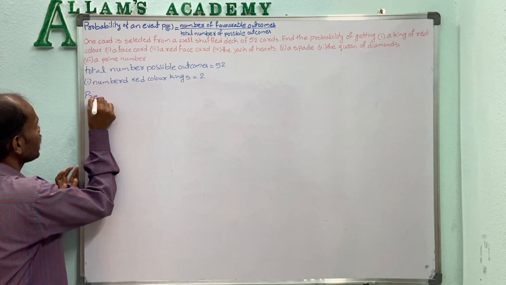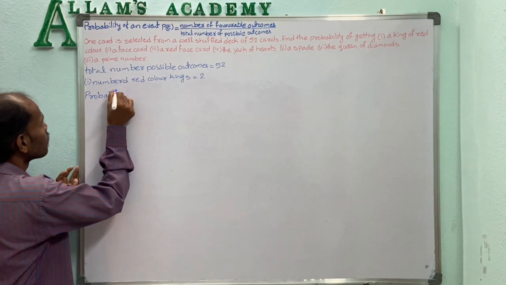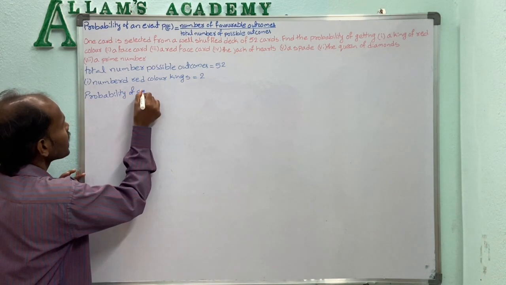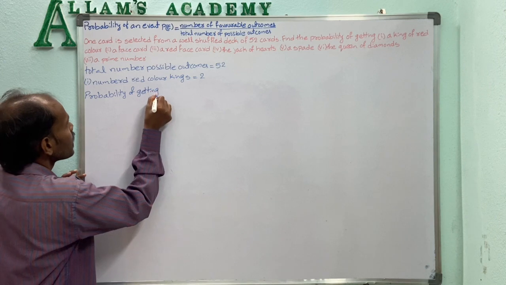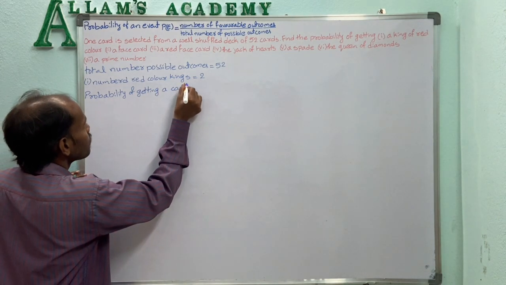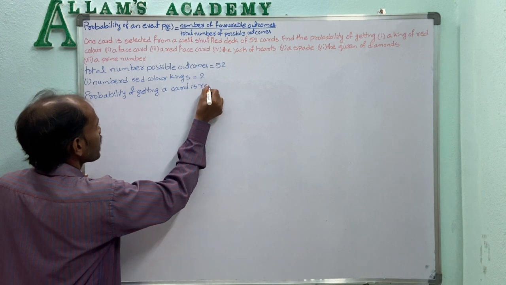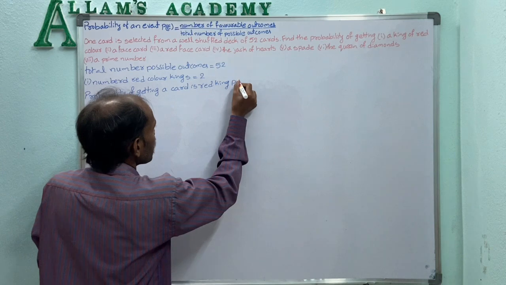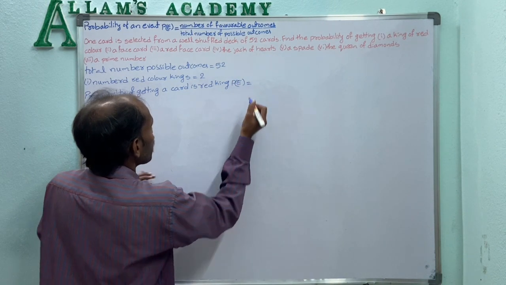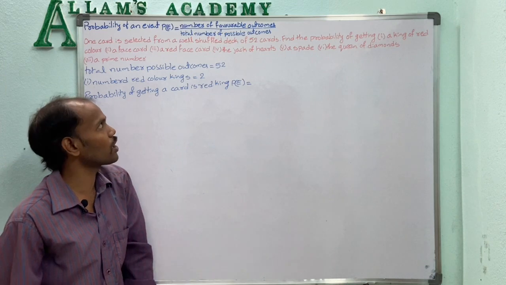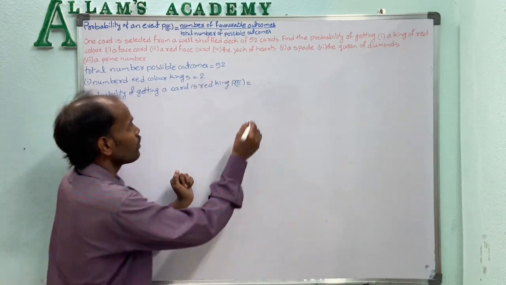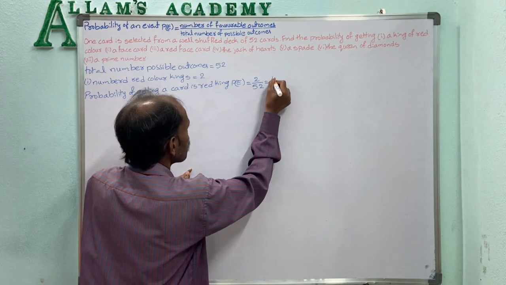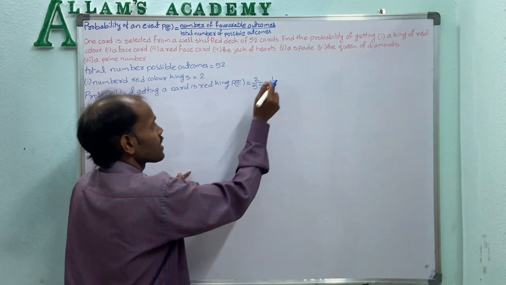So the probability of getting a red king: P of E is equal to number of favorable outcomes by total number of possible outcomes, that is 2 by 52. The simplification of 2 by 52 is 1 by 26.